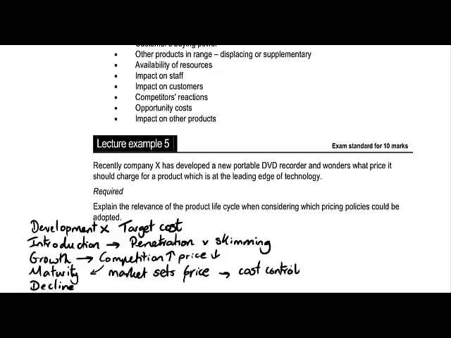As it goes into decline, you may still have some loyal customers, but you're probably going to have a low price just to sell off all the remaining inventory or stock if you possibly can. The idea is, in a technologically advanced sort of product like this, that once it becomes obsolete, that's it. So really you'd already be looking at a replacement.